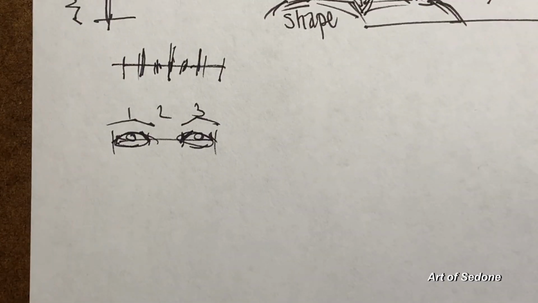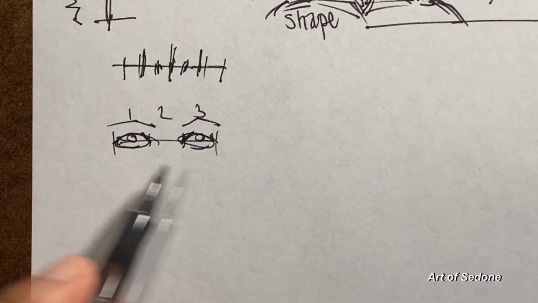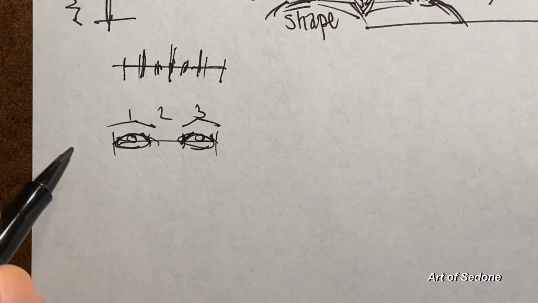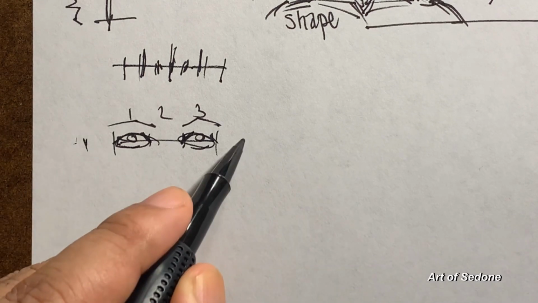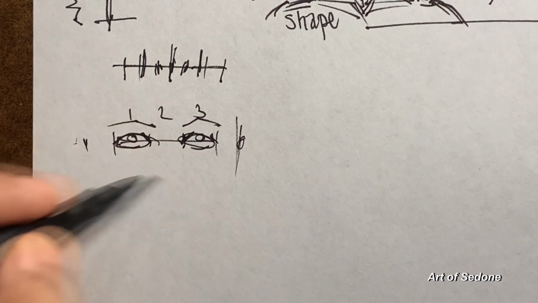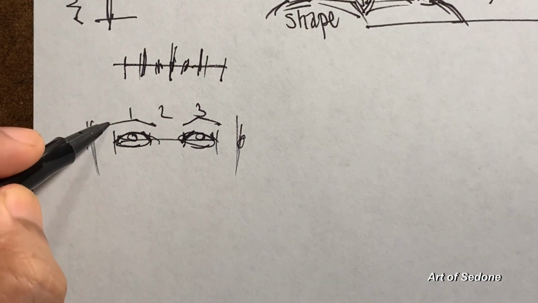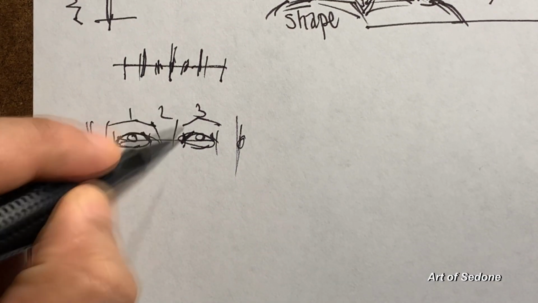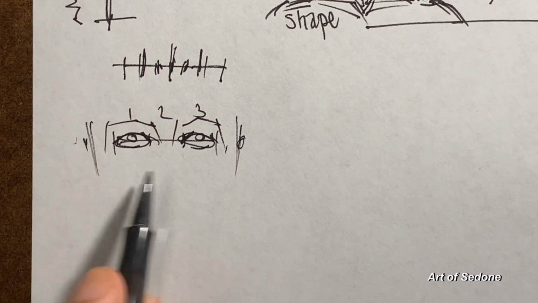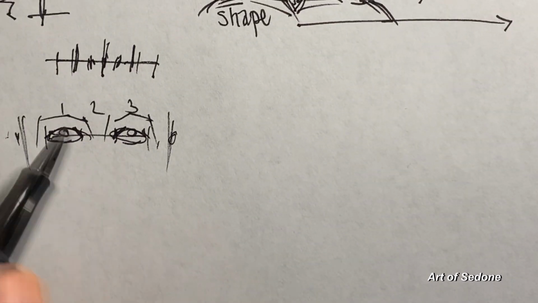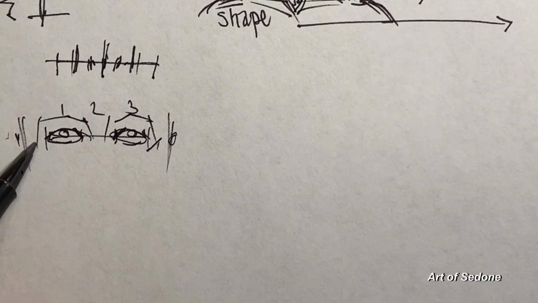Same thing with the rest of it. Over here, it's usually not going to be a full eye. It's a little bit less to get to the side of this part where it turns. We'll get to the anatomy part also, but it's the bone structure. I think tomorrow will be the landmarks.